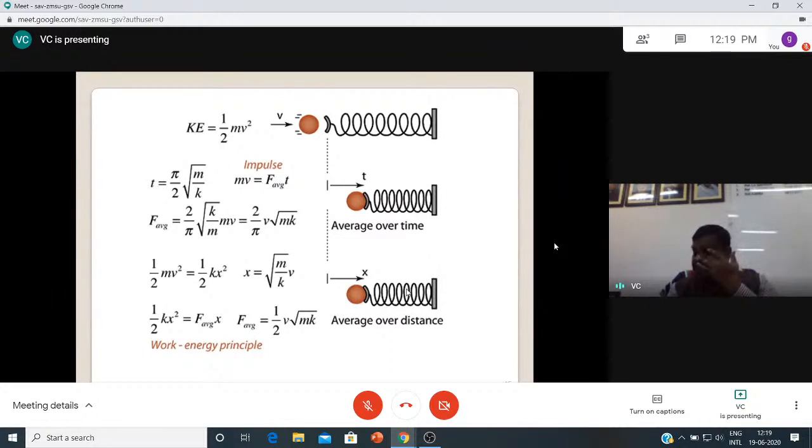With force versus distance, F into delta, the area of the triangle, where F is equal to K x, gives half K x square. Half m v square is equal to half K x square: the energy lost by the ball is the energy gained by the spring. If you equate these two, half m v square equals half K x square. Now we can further simplify by substituting this to get the total.